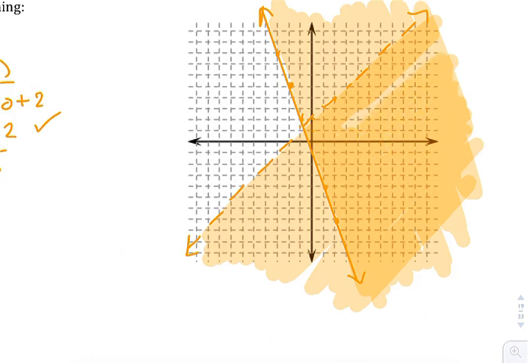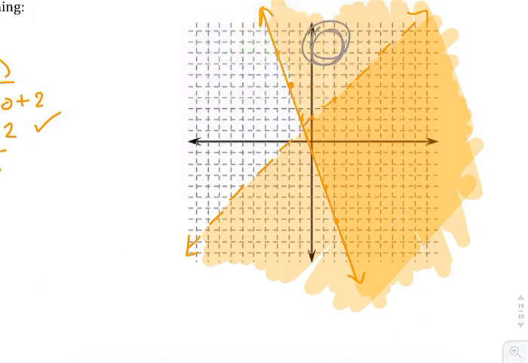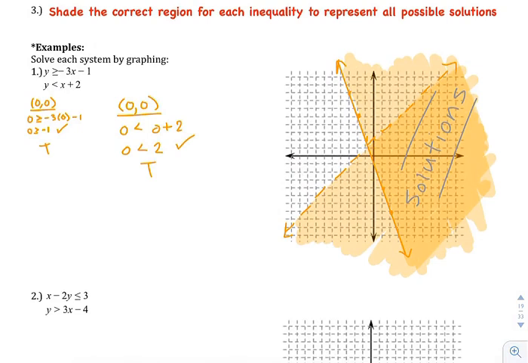So we're only concerned with the ordered pairs that would be true for both of our inequalities. This section up here is just a solution to that first inequality. These ordered pairs are solutions to the second, but that overlap is where the solutions for both of your inequalities are.